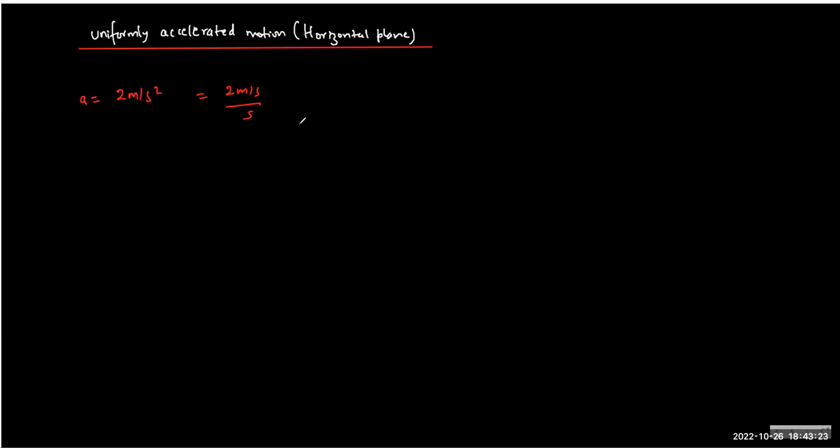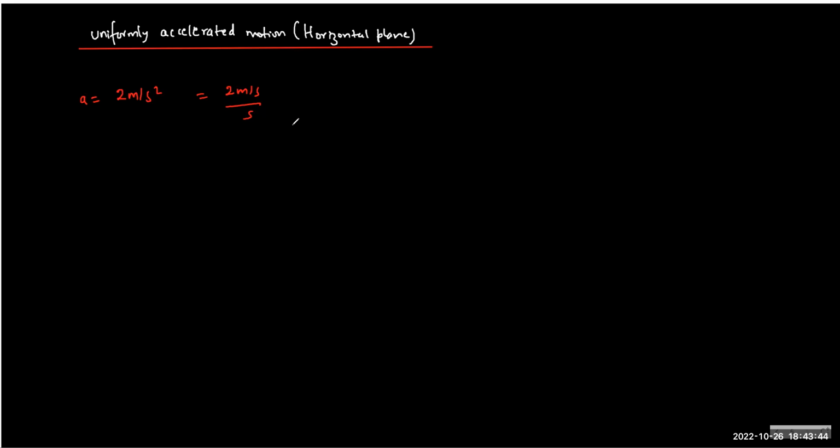So that's why you say uniformly accelerated. But let's say in the first second you change by 2 meter per second, but in the next second you change by 3, next you change by 4, next you change by 5. Such kind of motion is called non-uniformly accelerated motion.